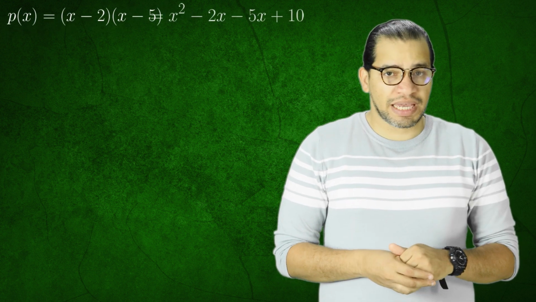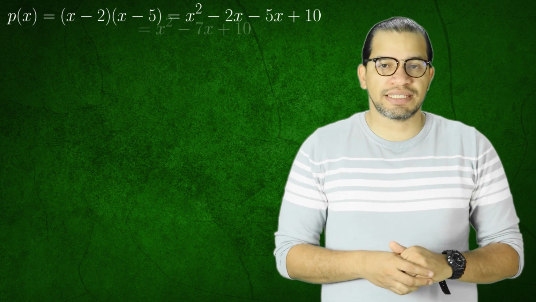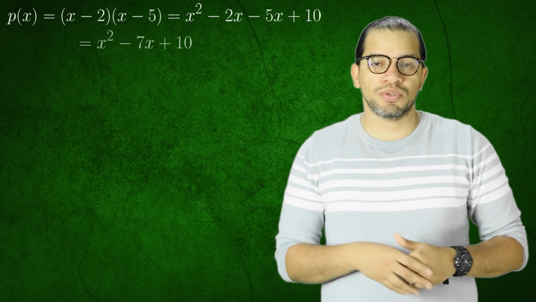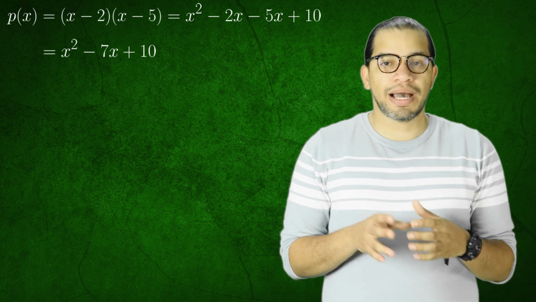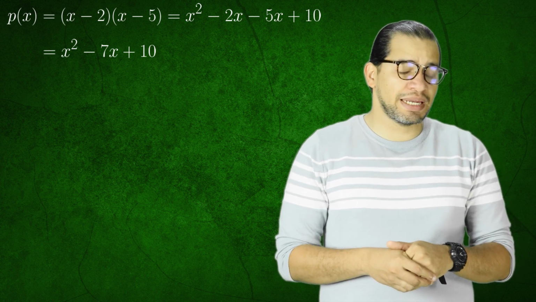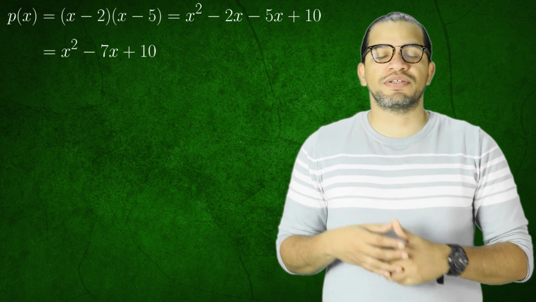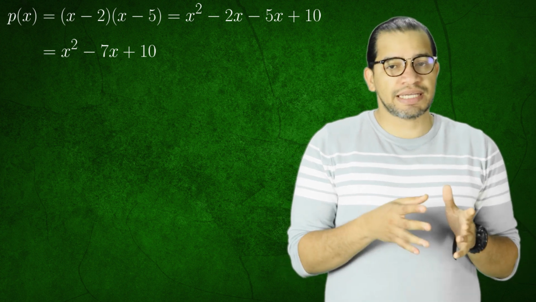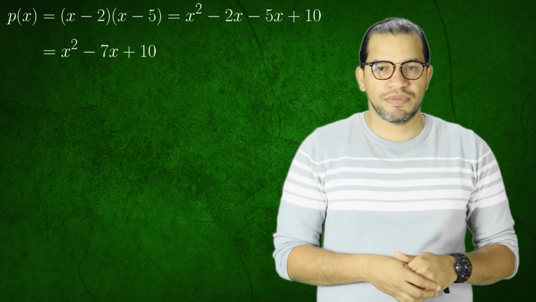Something that we can notice about this particular polynomial and its roots is that p of x can actually be written as x minus 2 times x minus 5, meaning x minus the first root times x minus the second.